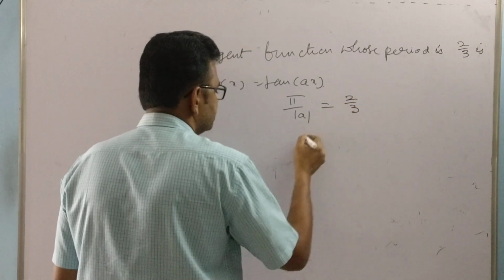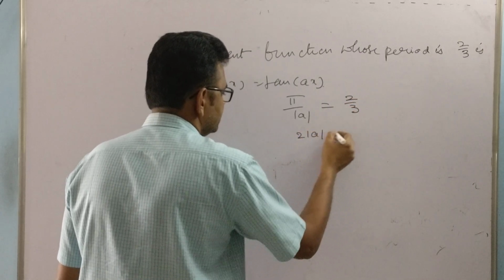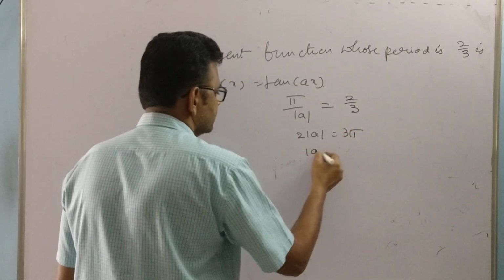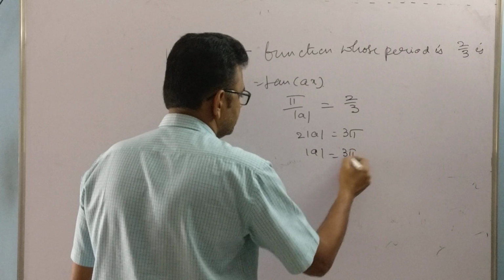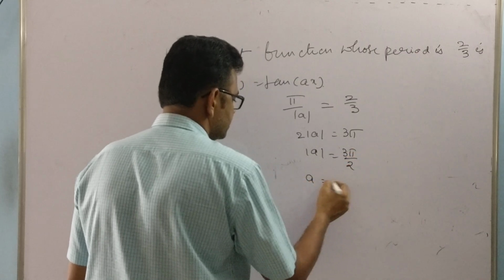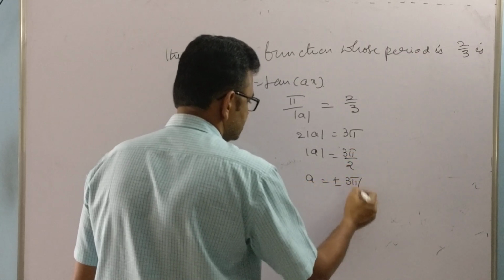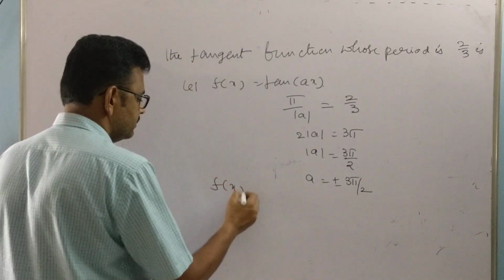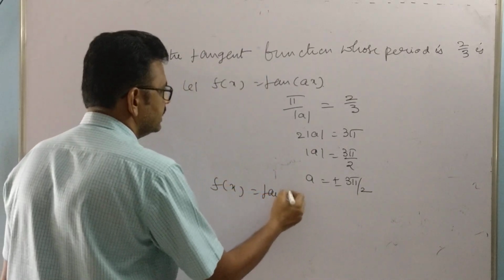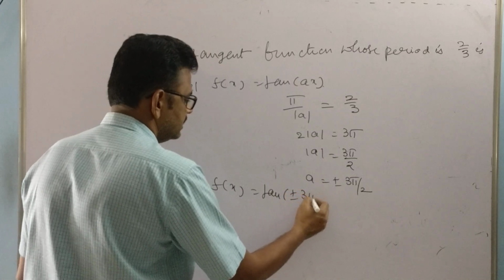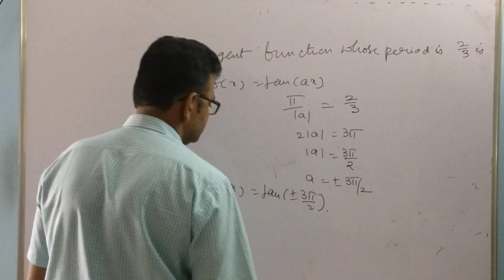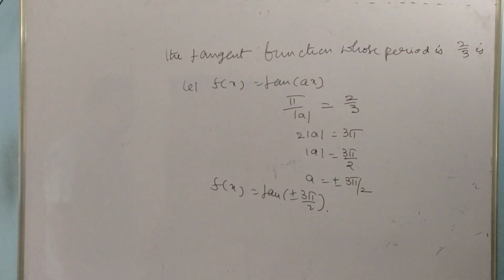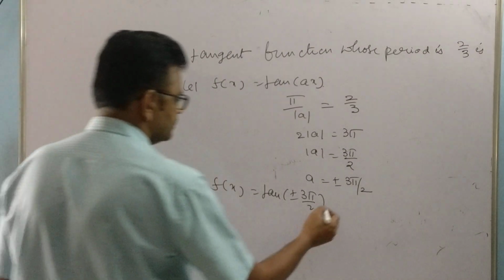So cross multiplication, 2 mod a is equal to 3 pi. Mod a is equal to 3 pi by 2. A is equal to plus or minus 3 pi by 2. Therefore, the function f of x is equal to tan of plus or minus 3 pi by 2 into x.